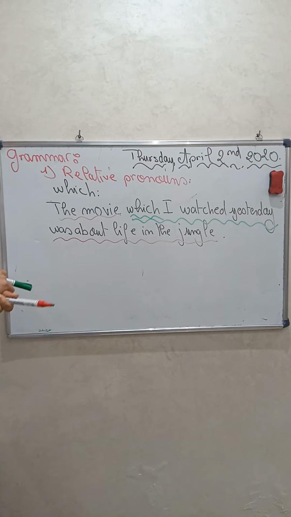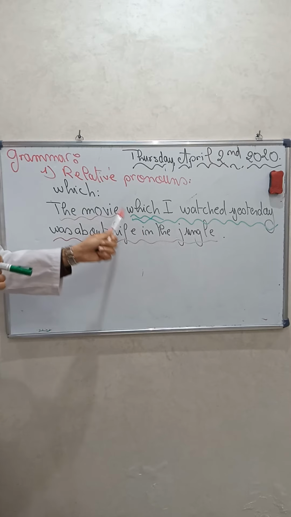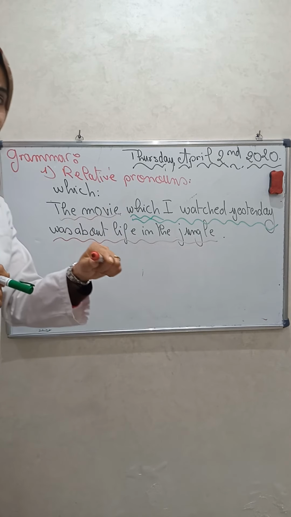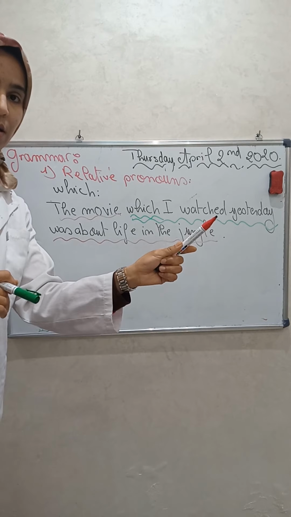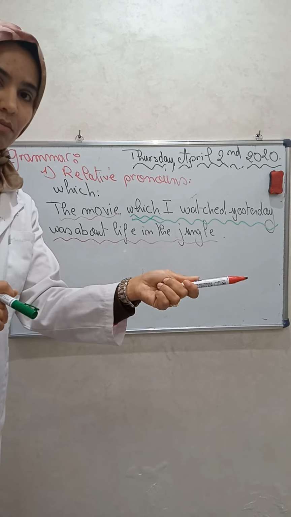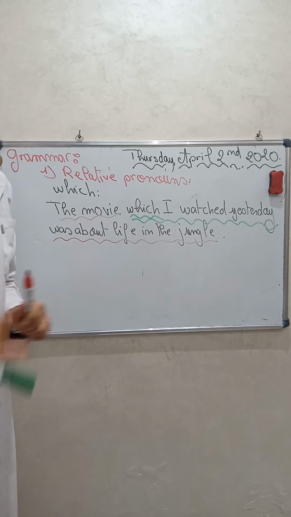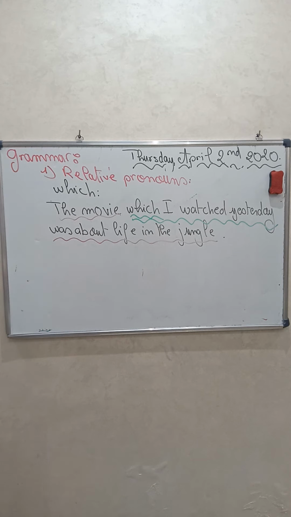Okay? Here, which and who, are they used for the same, let's say, person? Of course, no. We say who for people and which is for objects, sometimes animals. Okay? I'm going to provide you with the other example.